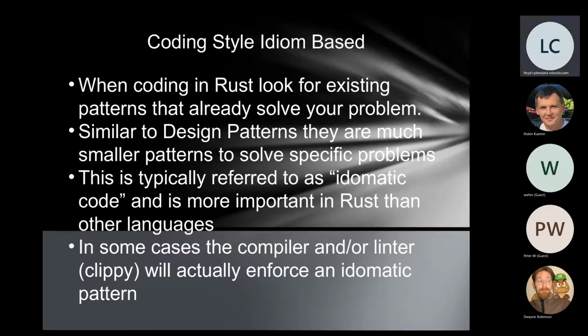And it's a way to solve a very simple problem, like iterate over a collection, or open a file and read its contents by line. And you can go on and find many, many examples of how to do these simple little coding constructs. It's much more important in Rust than I've found in other languages.